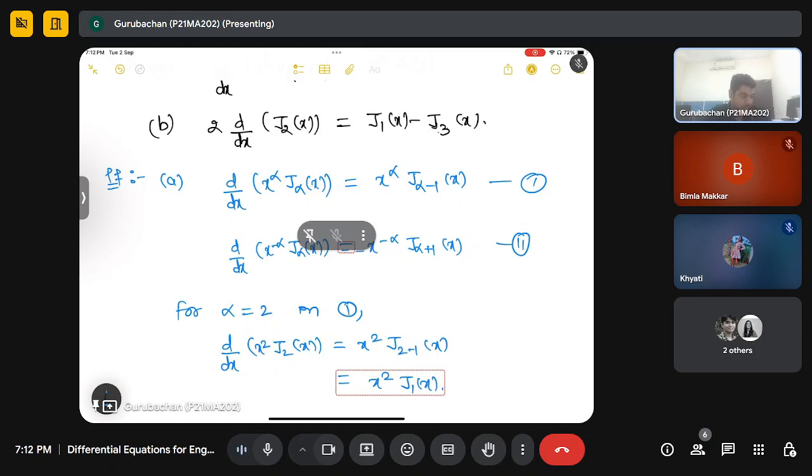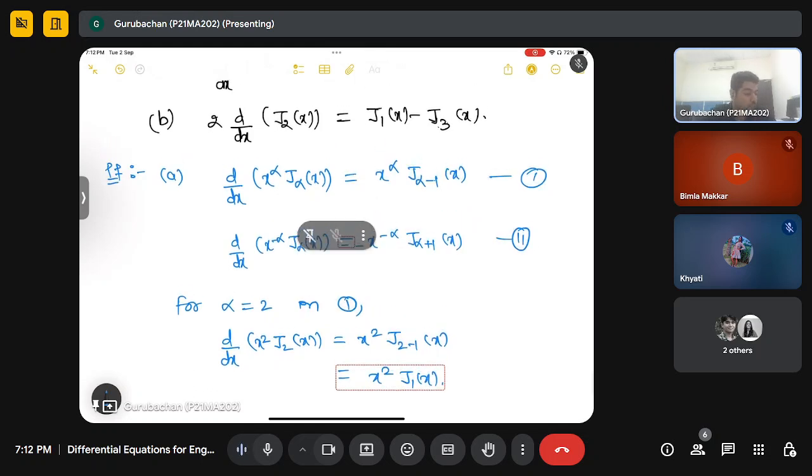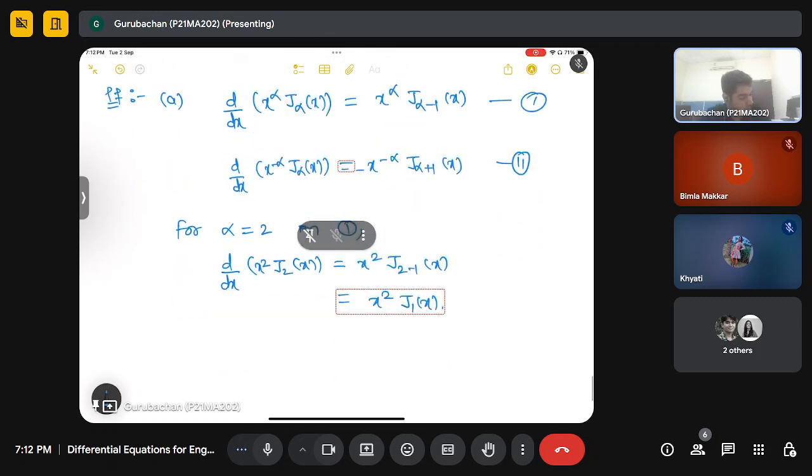Now in the next property, you have to calculate the derivative of this J2x in terms of J1x and J3x. So for the b part, we need to calculate the derivative of J2x in terms of J1 and J3.